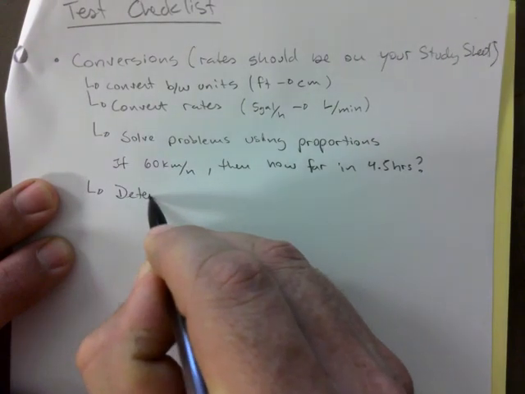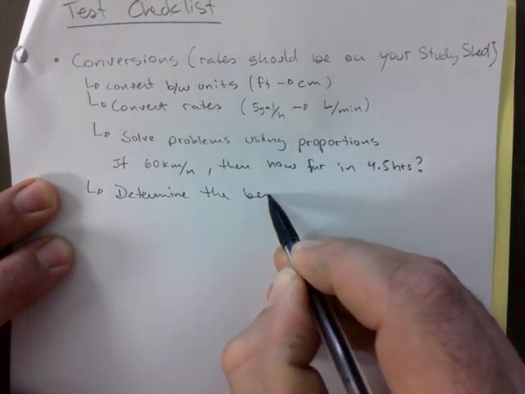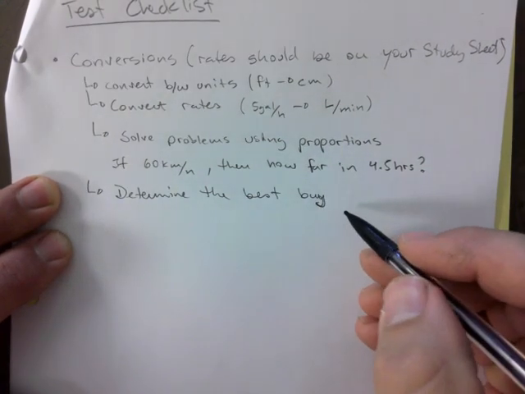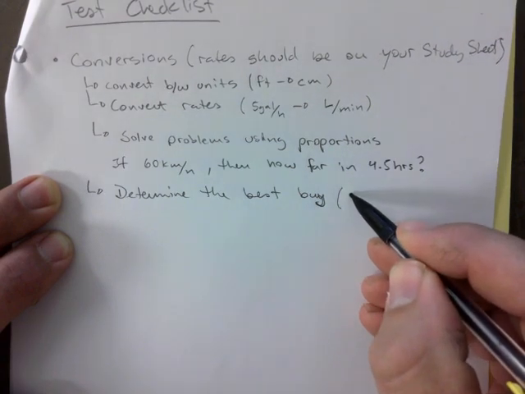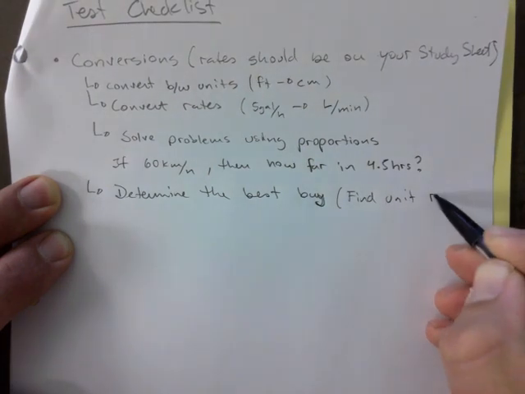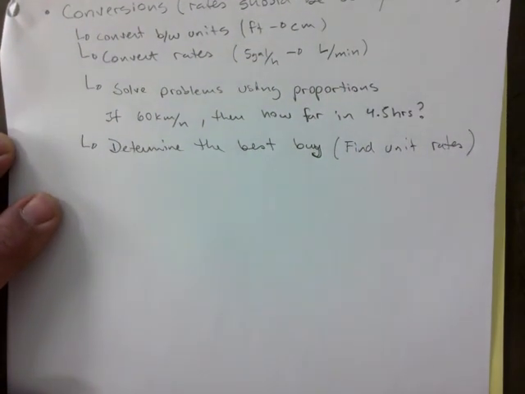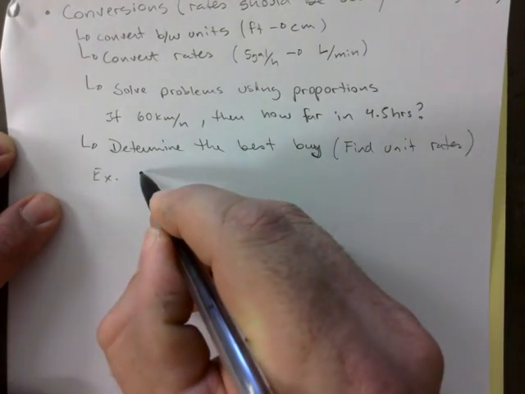Determine the best buy. Okay. So basically, find unit rates. So example, right?